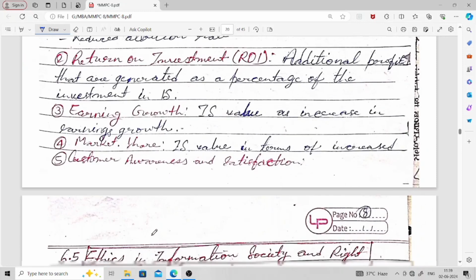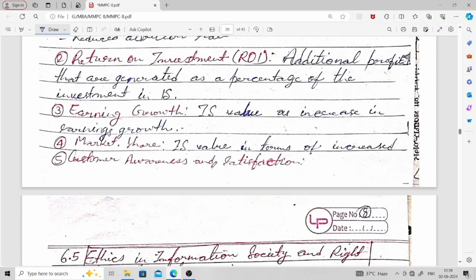Then we have the market share. Information system value in terms of increased market share. So whenever we use information system, then the market share also improves.